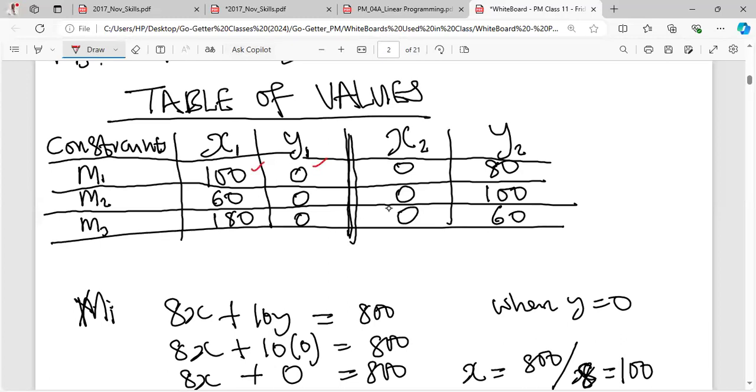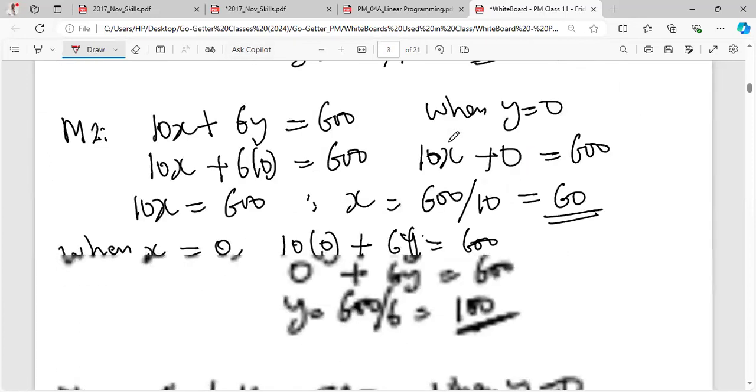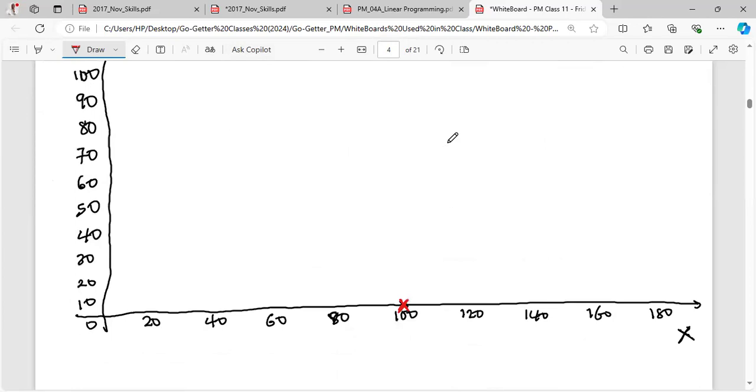Now, when x is 0, y is 80. So go to where y is 80, and this is where your y is 80. So you will now look for how you are going to ensure that you make it straight. Wow, how do I make it straight now?